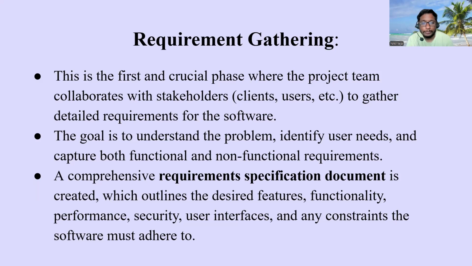This document outlines the desired features, functionality, performance, security. Security and performance come under non-functional requirements, and functionality comes under functional requirements. User interface also comes under functional requirements, along with any constraints the software must adhere to. It is quite intuitive, right? This is the requirement gathering step.